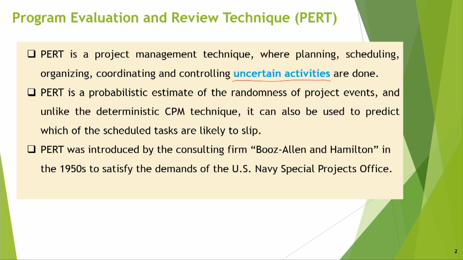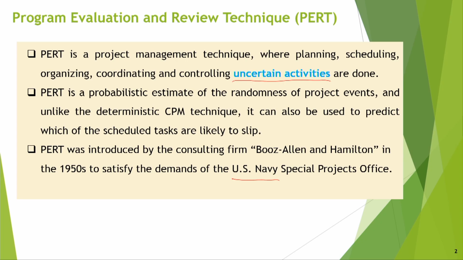It was introduced by the consulting firm Booz Allen and Hamilton in the 1950s, around 1959, to satisfy the demands of the US Navy Special Projects Office. So it was used in the US Navy for the first time.